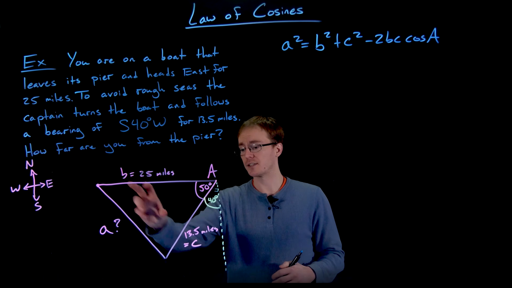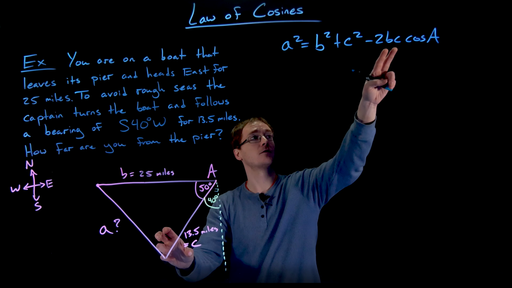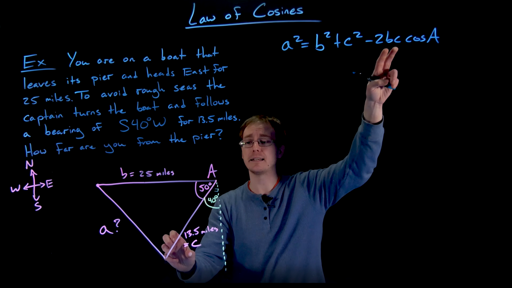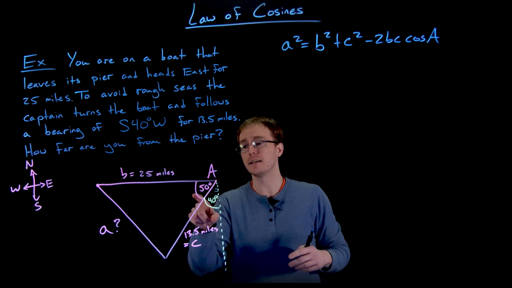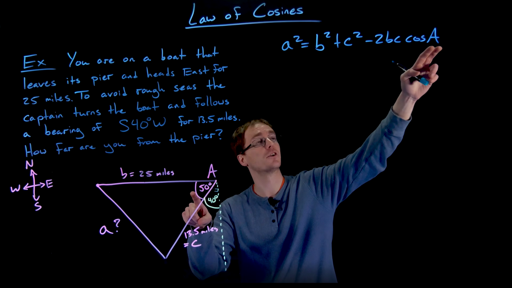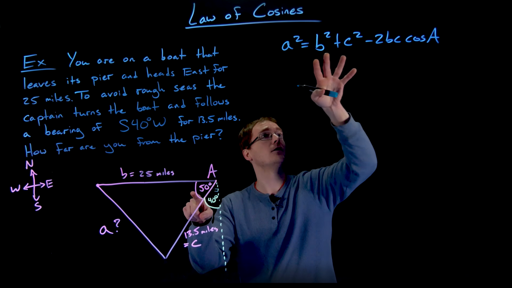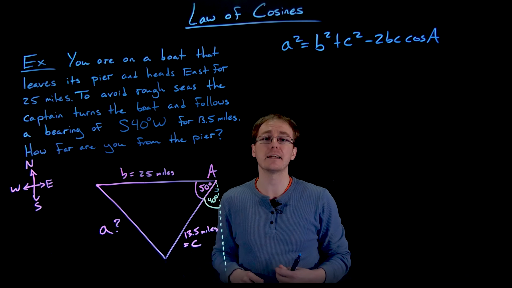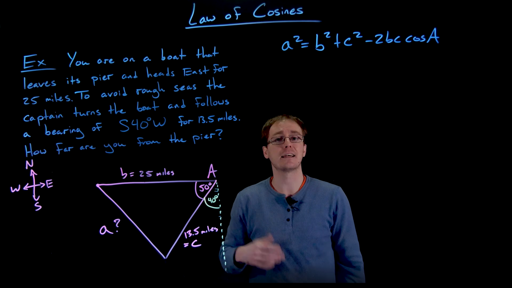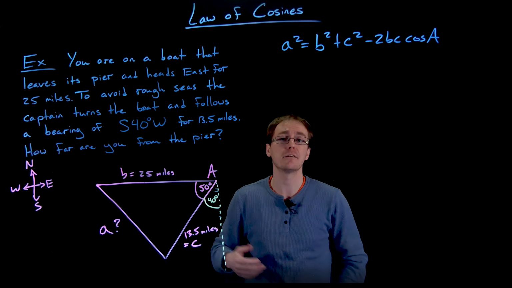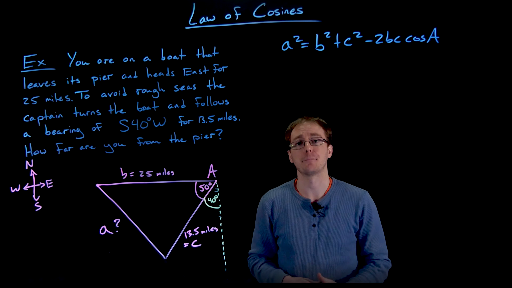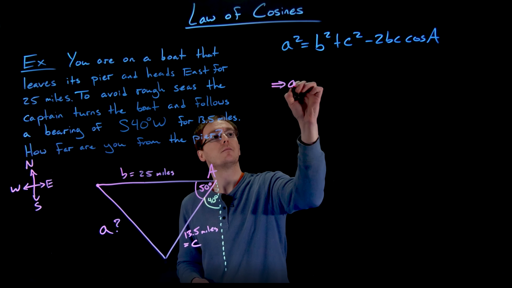We know side lengths b and c. We also know the angle between side lengths b and c is 50 degrees. That's our angle A. So we have all the information to fill out the right-hand side, and that will help us find the unknown left-hand side, a squared.